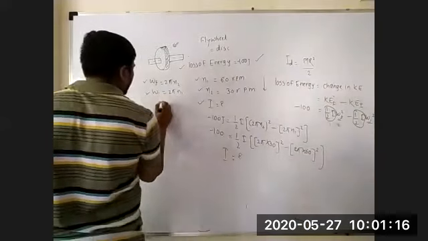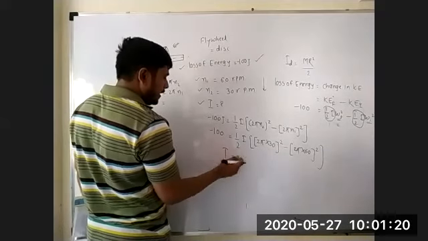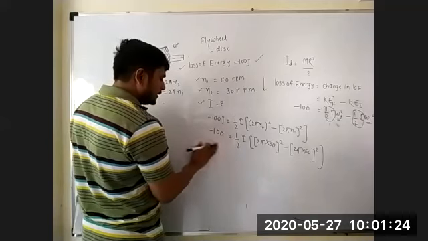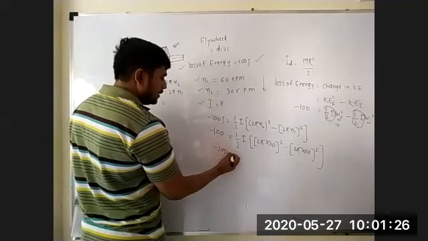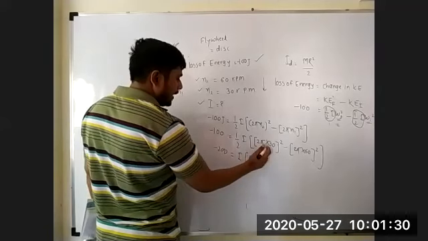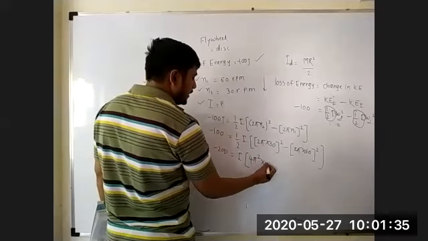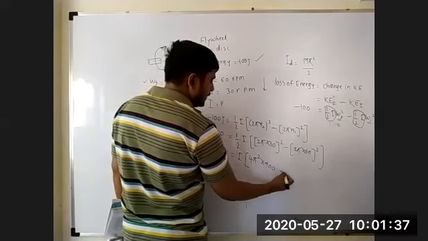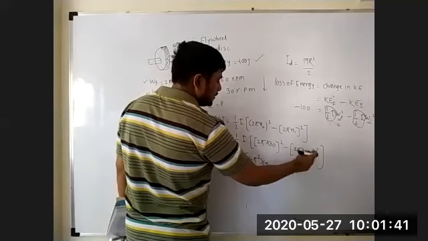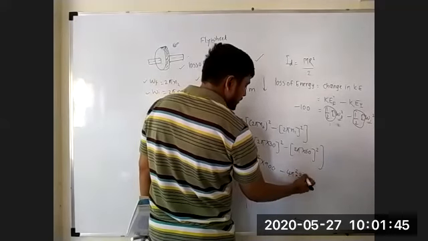I'll simplify over here. What will remain? Minus 100 into 2, that is equal to minus 200, equal to I in bracket, 4π square times 30 square, that is 900, minus 4π square times 60 square, that is 3600.